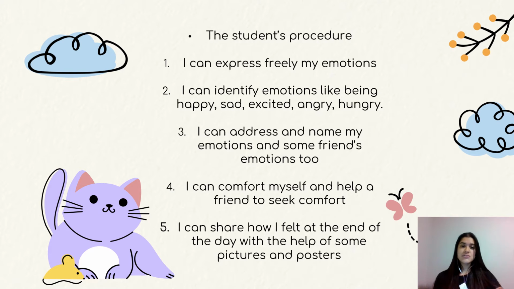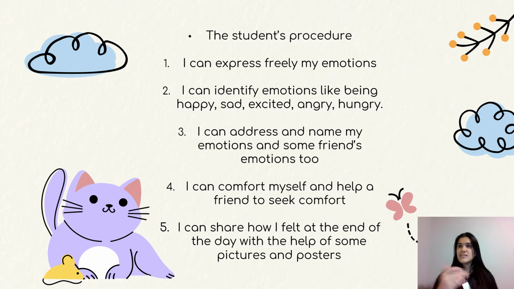The student's procedure: I can express freely my emotions. I can identify emotions like being happy, sad, excited, angry, and hungry. Some of those are examples that we use every day, but we talk about more. The third is I can address the name of my emotions and some friends' emotions too.